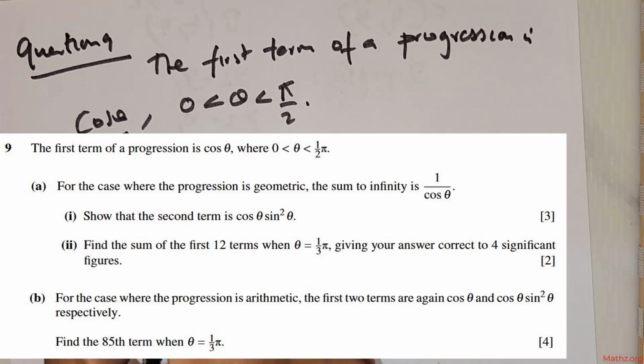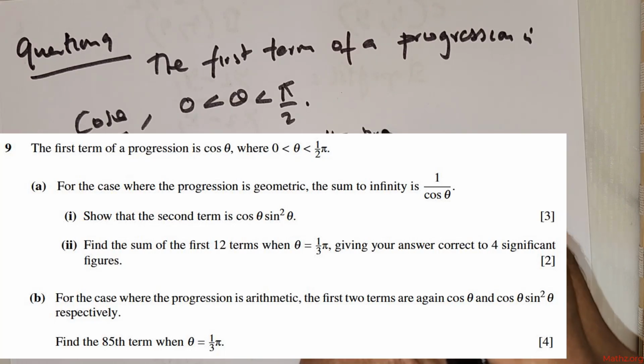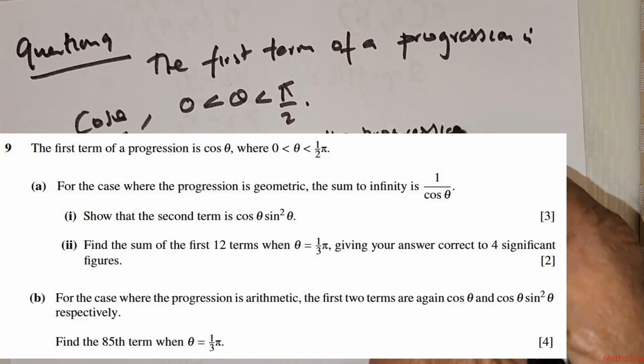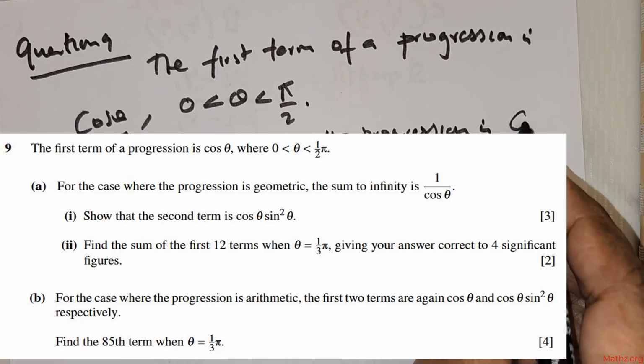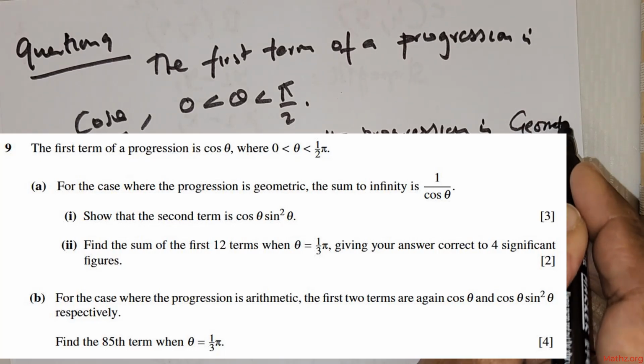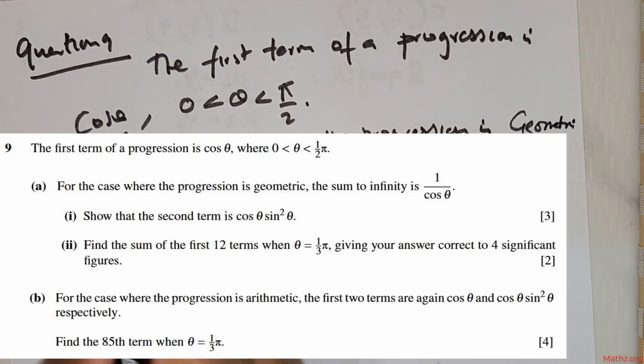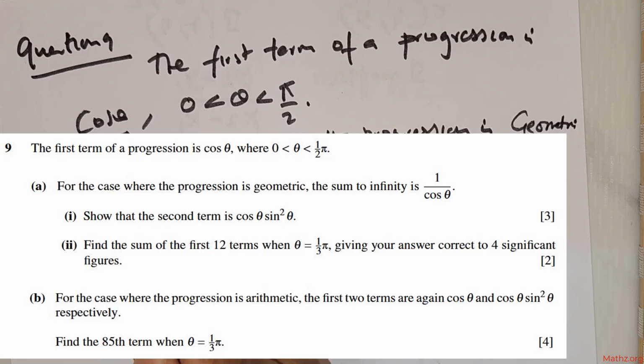Question A is, for the case where the progression is geometric, the sum to infinity is one over cos theta.